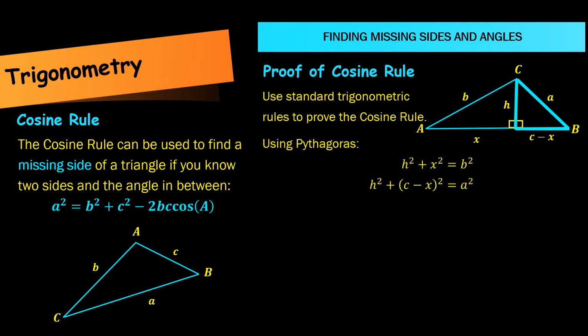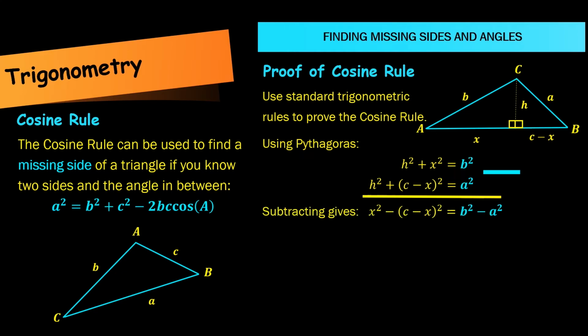And in this triangle highlighted, we have h squared plus (c minus x) all squared equals a squared. If we take one equation from the other as shown, we have x squared minus (c minus x) all squared equals b squared minus a squared.